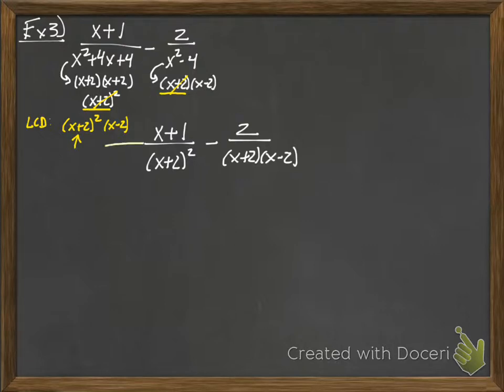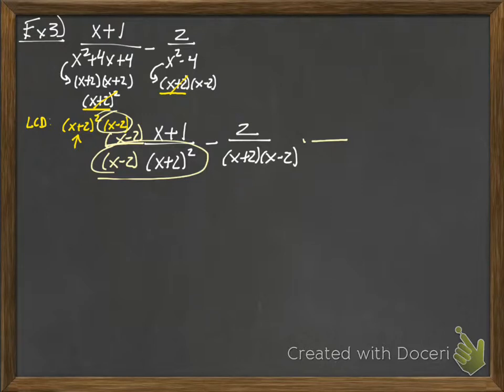So this guy has the x plus 2 squared, but it's missing the x minus 2 factor. So I have to give x minus 2 to the top and the bottom of that guy. Now, when I end up multiplying these, I'll get the LCD. On this other fraction, I have an x plus 2 and an x minus 2, but my LCD has an x plus 2 squared.